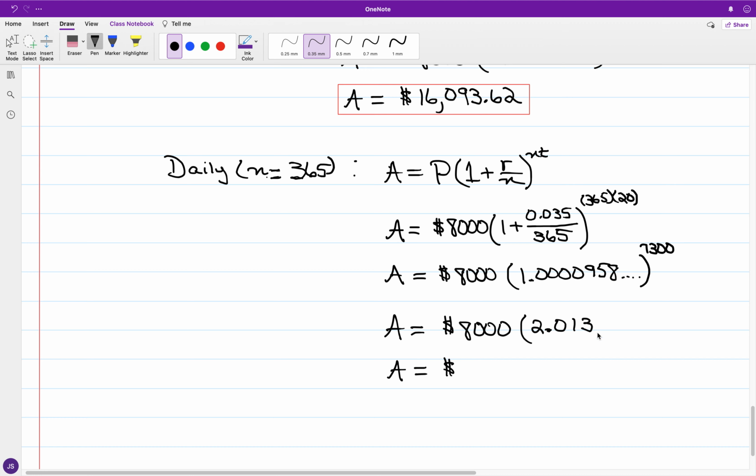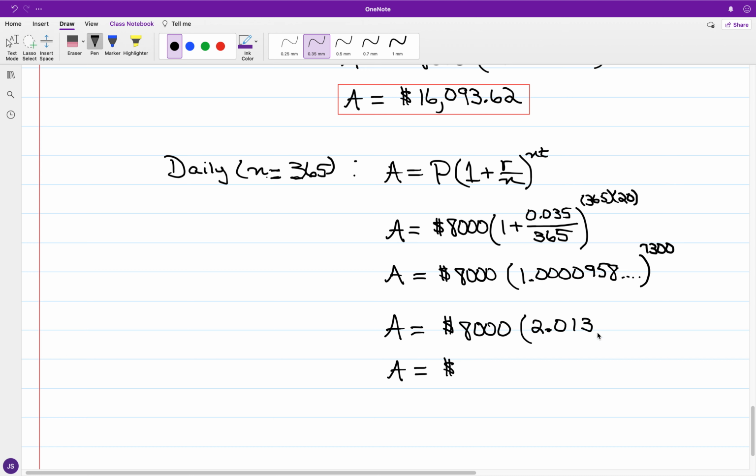Okay, so just looking at what we have here. Again, starting out with $8,000, quoted percentage rate at 3.5%, for 20 years. The more frequently the compounding is done, the higher the balance is going to be. From annual to quarterly, you have about a $143 jump.